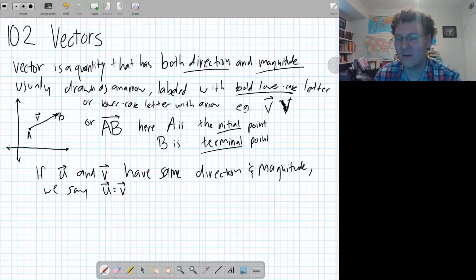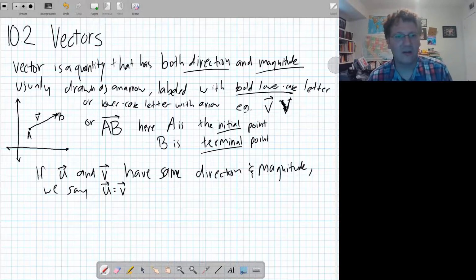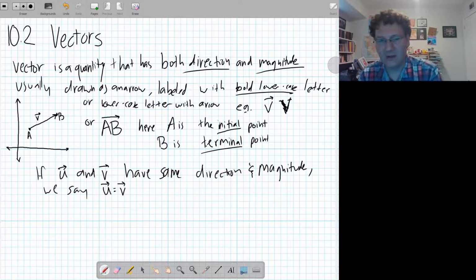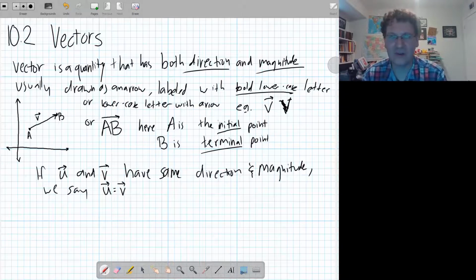There's nothing to do with their location in space. Like I said, the position of a vector is not a characteristic that it has. We can draw a vector in any position with any initial point, and it's still the same vector. That's a little weird, but those vectors are equal to each other.